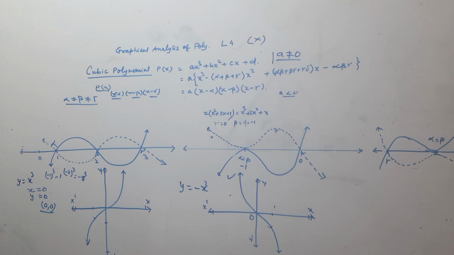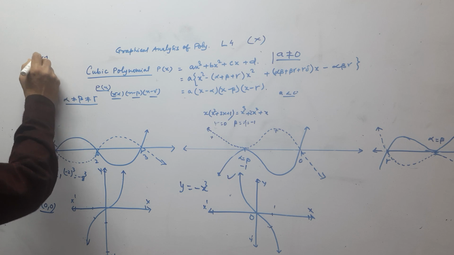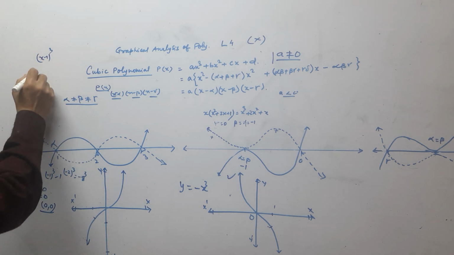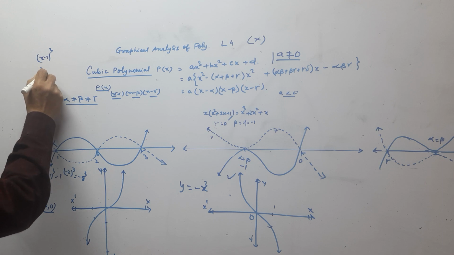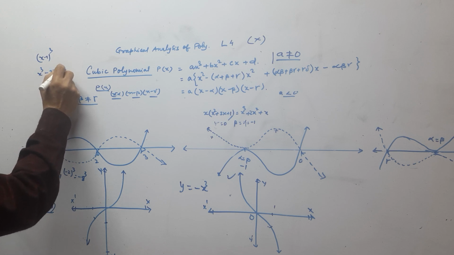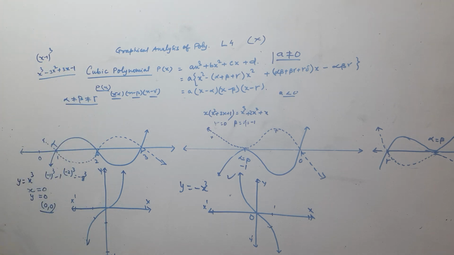Suppose I take x minus 1 whole cube, then only 1 will be the zero, and the cubic polynomial will be x cube minus 3x square plus 3x minus 1. See, this is a cubic polynomial and the zero is only 1. So the cubic polynomial has one zero.